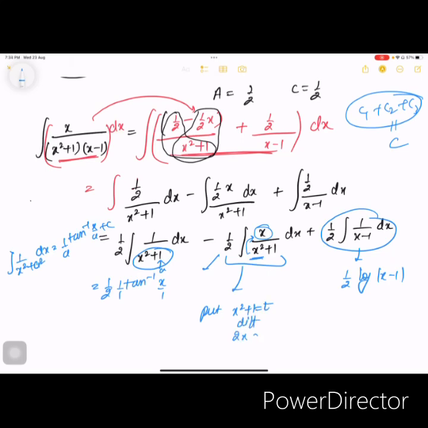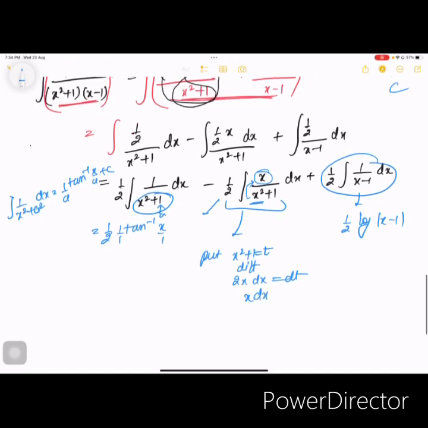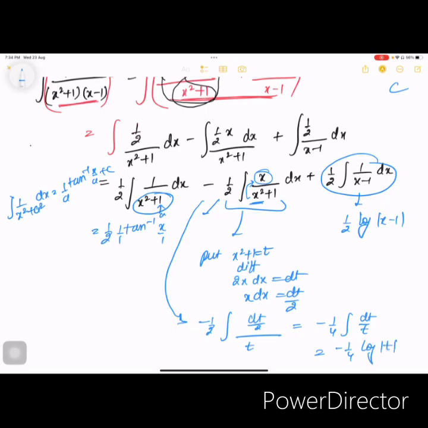Differentiating it will become 2x dx equal to dt. We need only x dx, so shifting that 2 to the right hand side. Now the question will become half dt upon 2 upon t. Overall it will become minus 1 by 4 dt upon t. It is log of t. Just put the value of t and there is your answer.